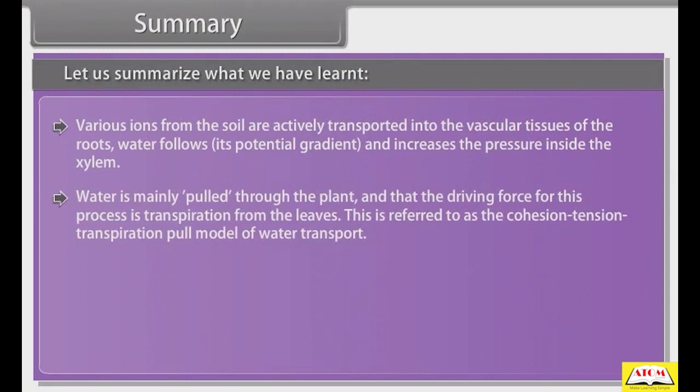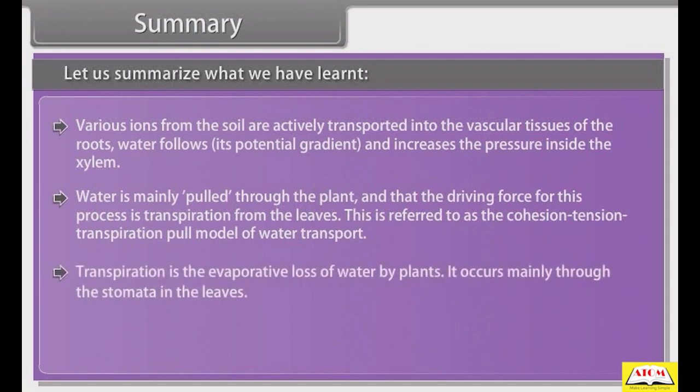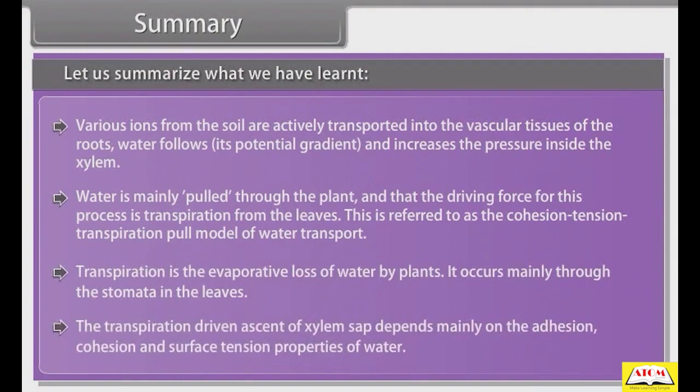This is referred to as the cohesion-tension-transpiration pull model of water transport. Transpiration is an evaporative loss of water by plants. It occurs mainly through the stomata in the leaves. The transpiration-driven ascent of xylem sap depends mainly on the adhesion, cohesion, and surface tension properties of water.